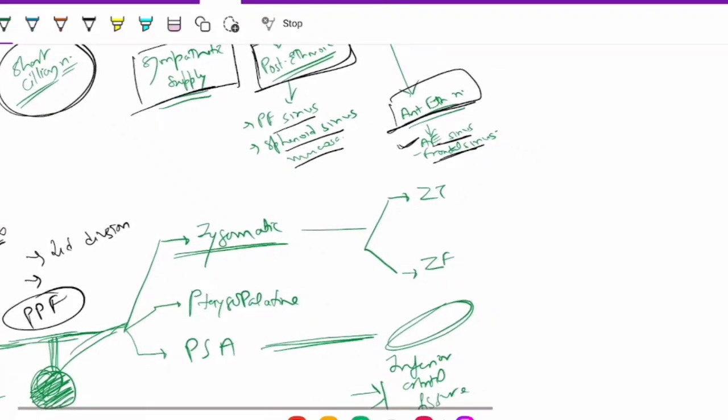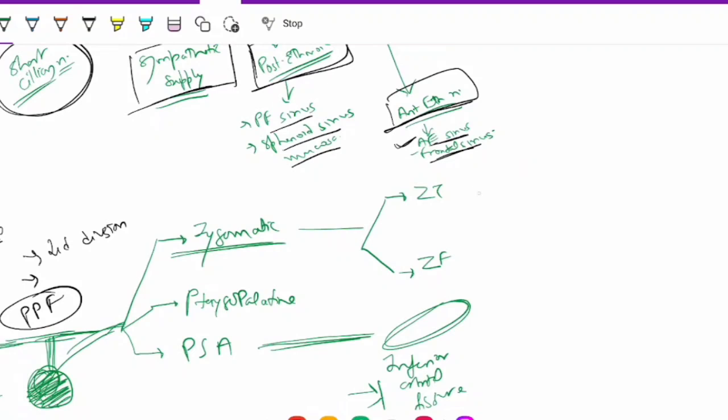Zygomaticotemporal leaves the orbit between the greater wing of sphenoid and zygomatic bone to enter the temporal fossa, and it supplies the anterior temporal fossa region. Whereas ZF pierces orbicularis oculi muscle. First point.